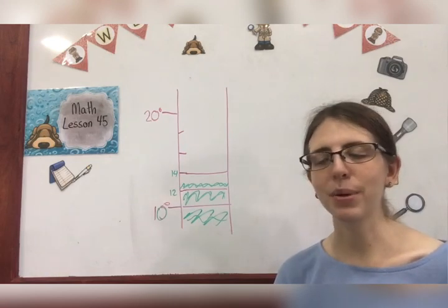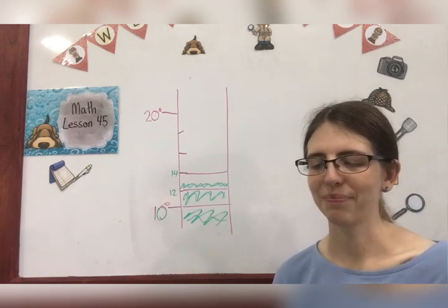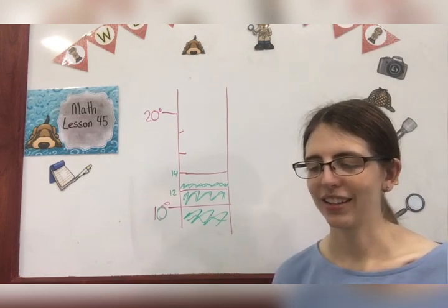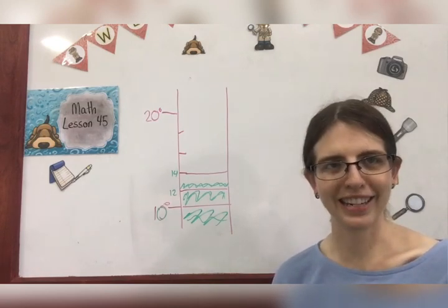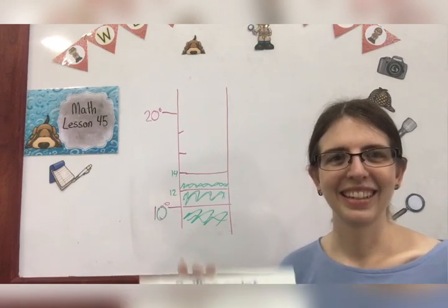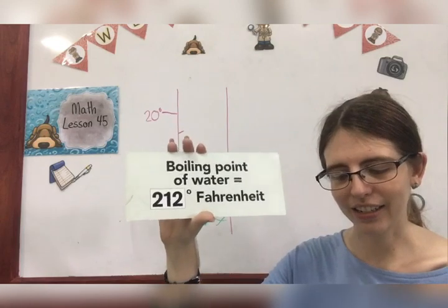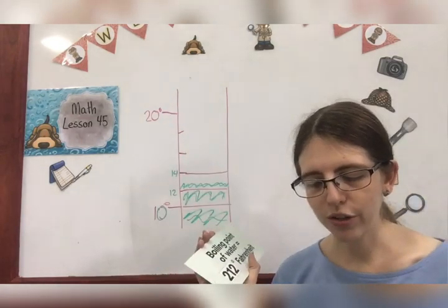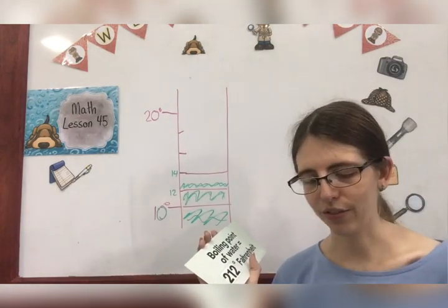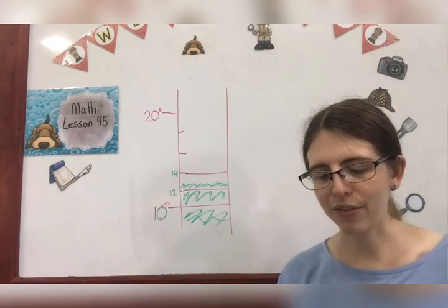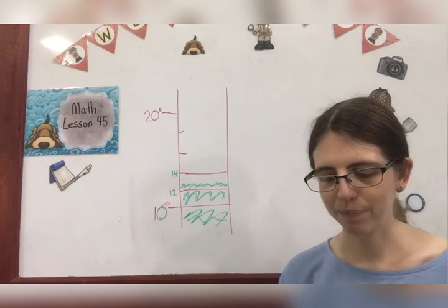What is the boiling point of water in Fahrenheit? Look at the top of your page if you don't remember. And don't feel bad if you don't remember, we just learned it. 212 degrees Fahrenheit. So color up from 210 to 212. Color from the bottom of your thermometer up, just like they have in the examples up on top.